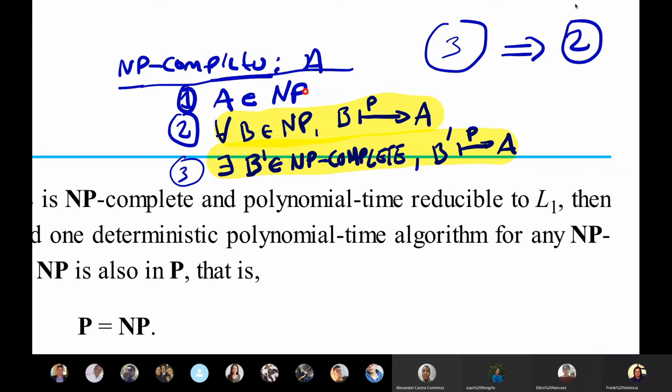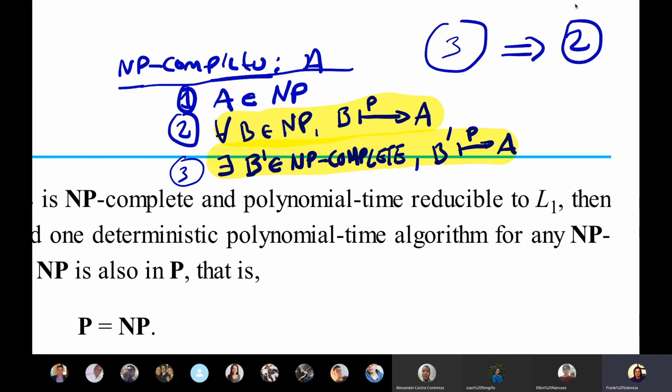So the first condition is easy to prove. You just give a random assignment to the three literals, and then you verify that, which can be done in polynomial time. The second is going to be hard.